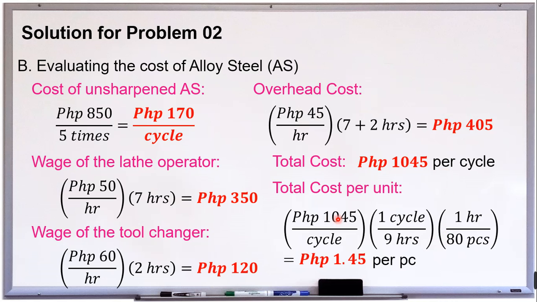So you have 1,045 per operation, and for alloy steel, a single operation can last up to 9 hours. If we're going to use this material, it can produce 80 pieces in 1 hour. So we have a total cost per unit of 1.45 pesos.